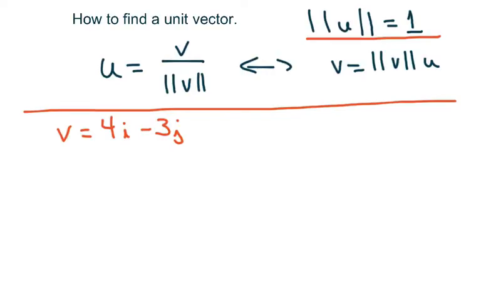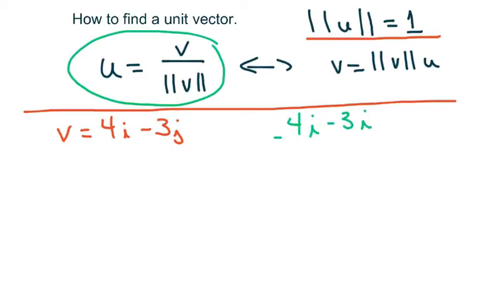The first example we have is the vector v equals 4i minus 3j, and we want to find the unit vector in the same direction. So we're going to use this formula, and that's just going to be 4i minus 3j over the magnitude of 4i minus 3j.